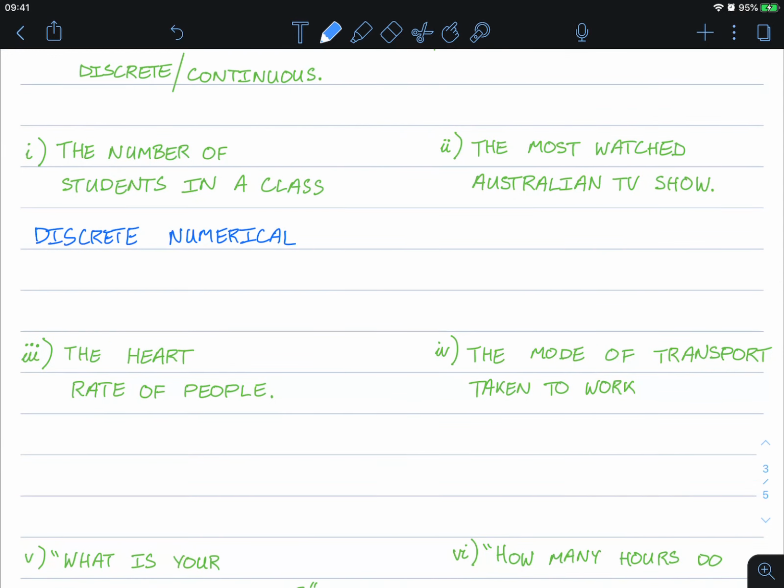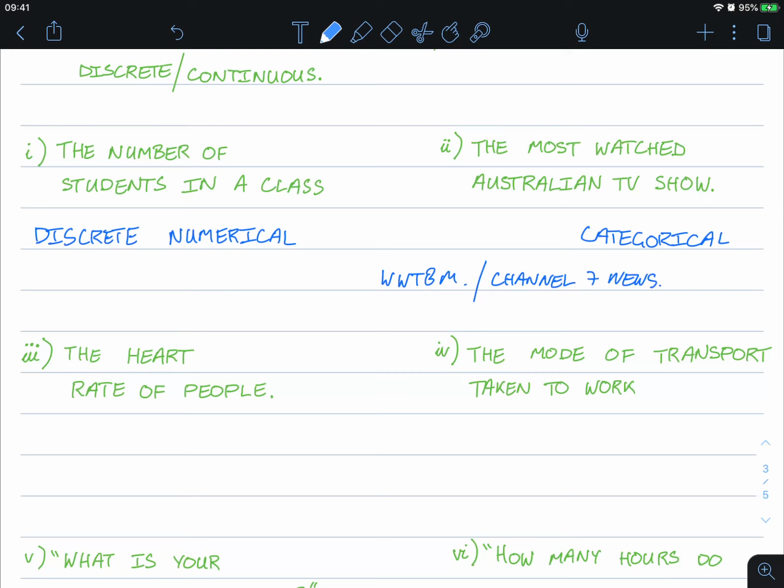The most watched Australian TV show. Well, definitely the results from this is some sort of category or some sort of description. So this is definitely categorical. And if we consider the results of this, let's say we had Who Wants to Be a Millionaire, or I don't know, Channel 7 News.